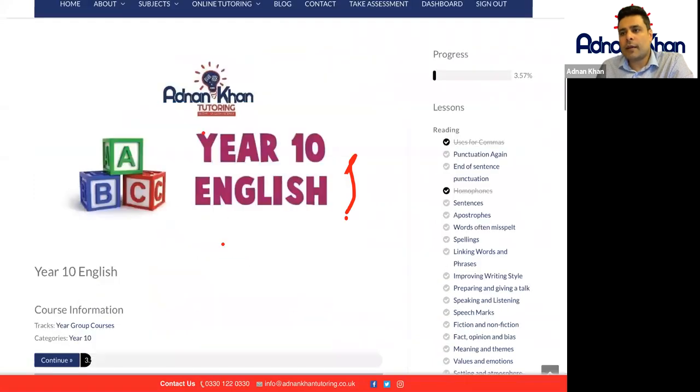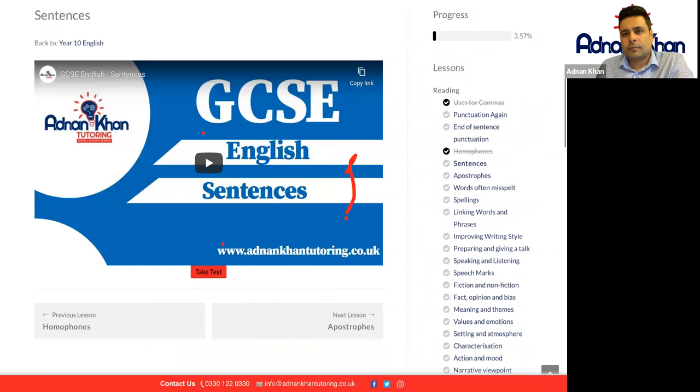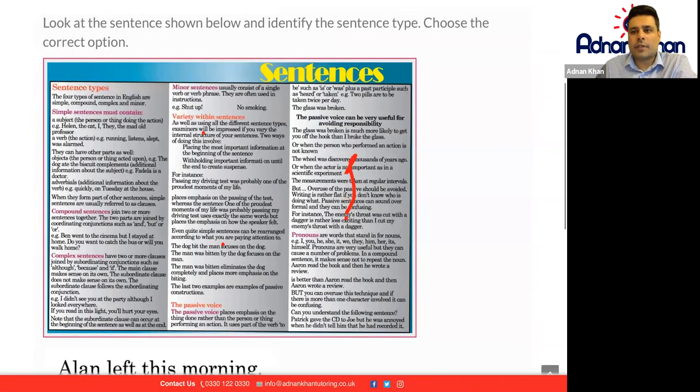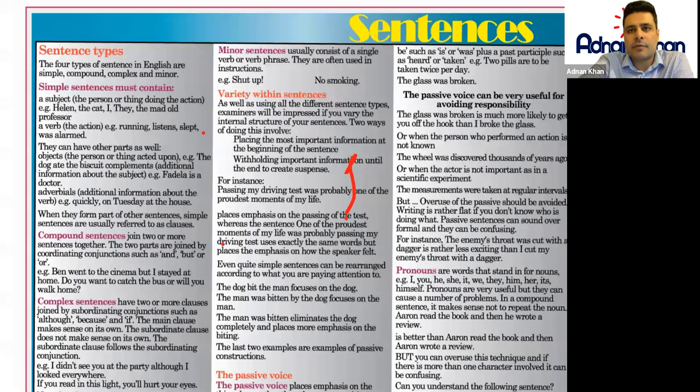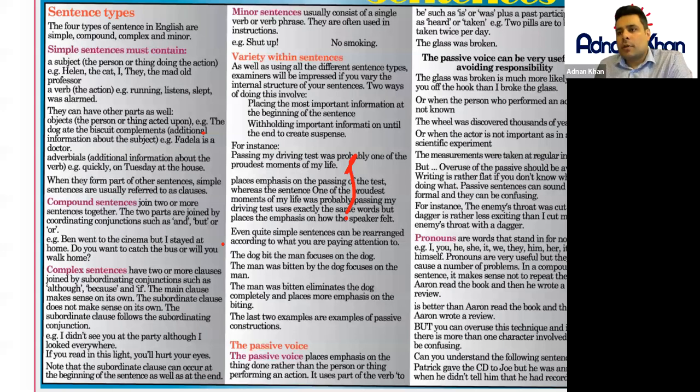So we're looking at sentences. Okay, so let's just go through these very quickly. What we'll do is we'll just read this text first of all and get a few of you to read. So I'll just come to some of you now so we can contribute.